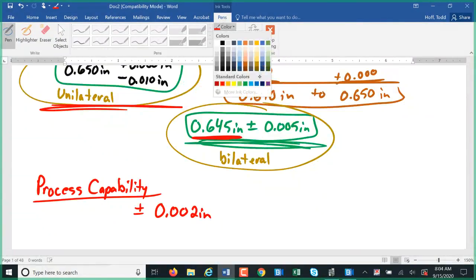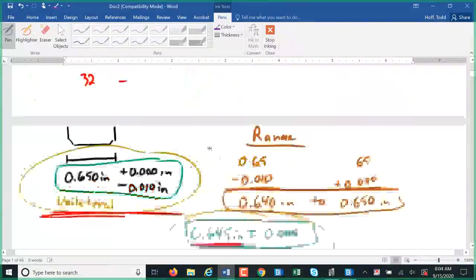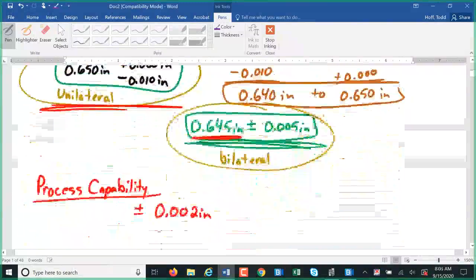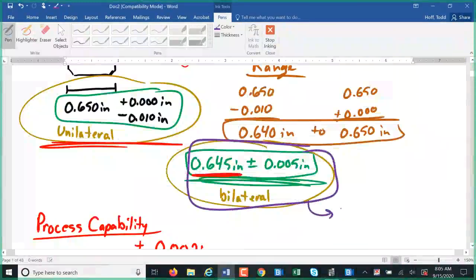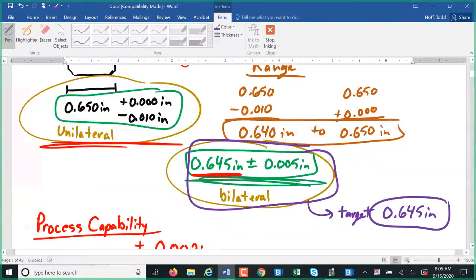If the design drawing or the blueprint is listed like this, I'm going to set up my machine to 645 thousandths of an inch. Let it be off by plus or minus 2 thousandths, I'm well within that range. But if my tolerance is listed like this as the unilateral tolerance, I'm going to set up my machine at 648 thousandths of an inch.